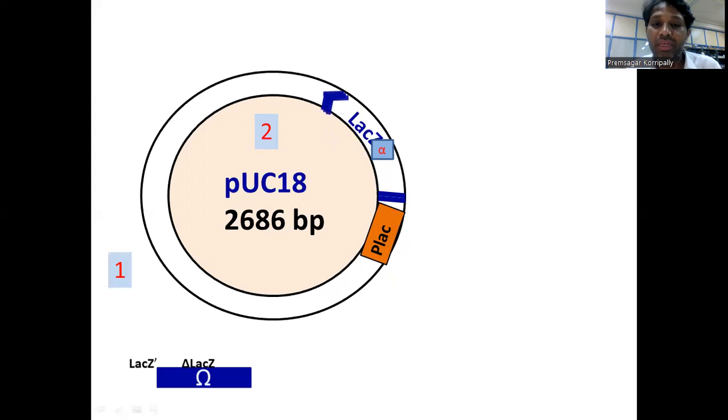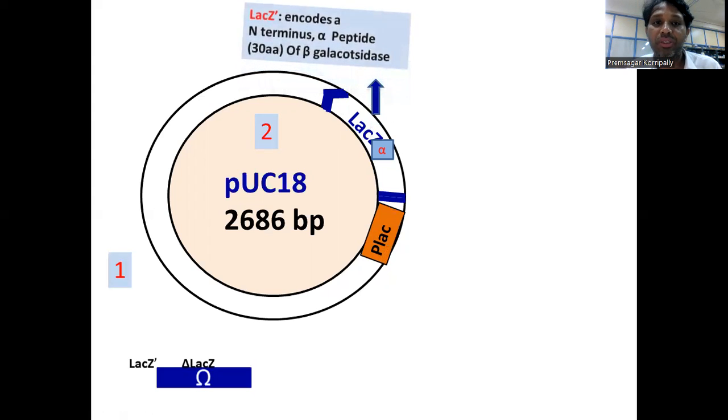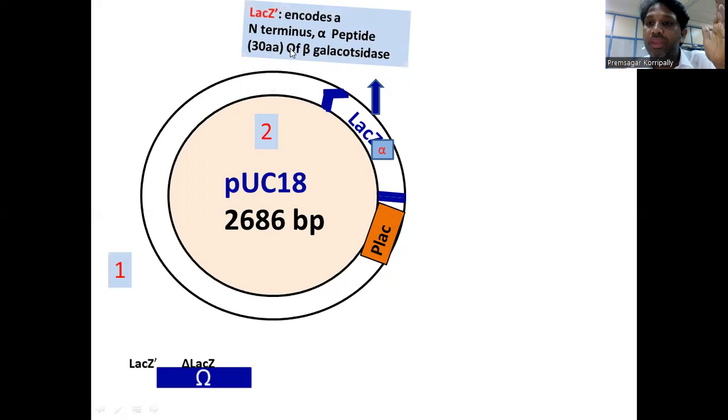So that LacZ prime encodes the alpha peptide whose length is almost 30 amino acids. As I told you in the beginning, the alpha peptide extends up to 140 amino acids, but here we are using only the 30 amino acid encoding region that is incorporated into the pUC18 vector.